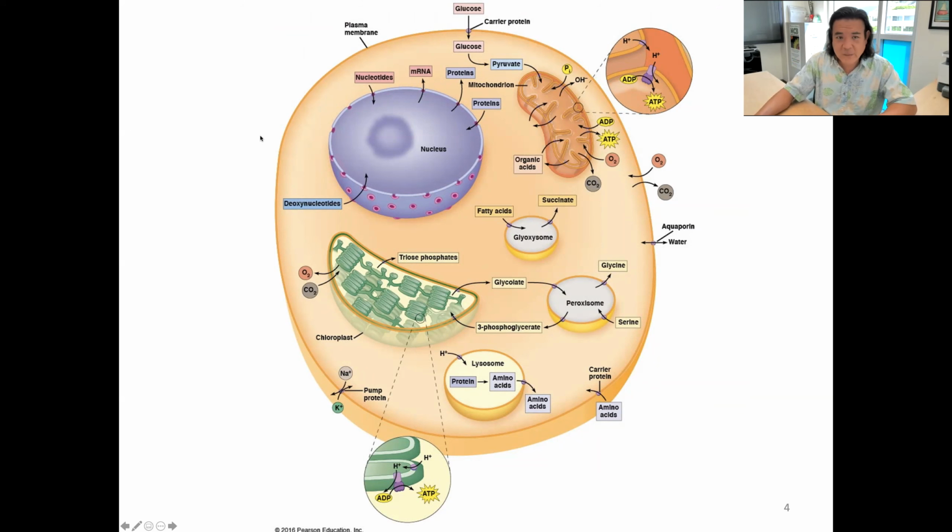So, for example, the outer cell membrane, we'll take a look at today, examples of how there are certain proteins, like this little purple dot here, that play a role in controlling the diffusion of certain types of molecules, as well as playing a role in actively moving certain molecules.